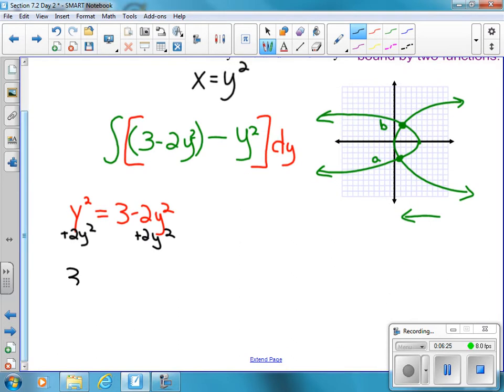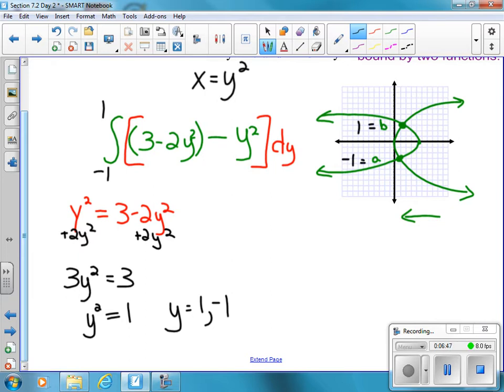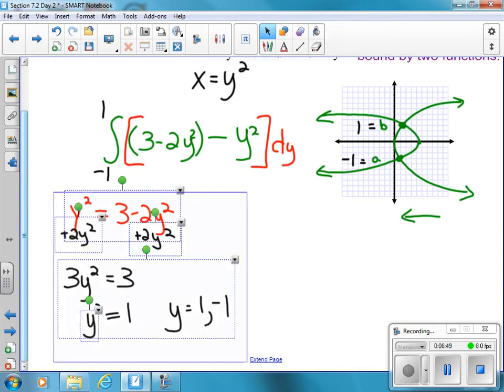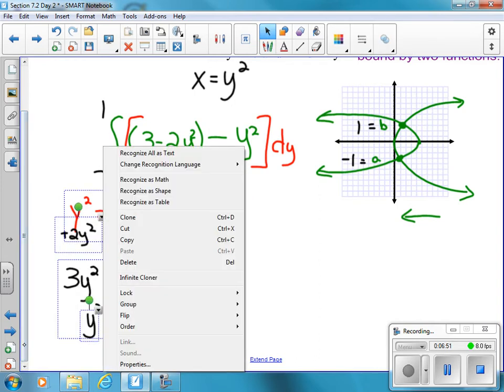And we get 3y squared over here equals 3. Divide both sides by 3, you get y squared equals 1. So y could equal 1 or negative 1, right? If we took the square root of 1. So a must equal negative 1 and b must equal positive 1. So negative 1 to 1. That is going to give us our limits of integration.